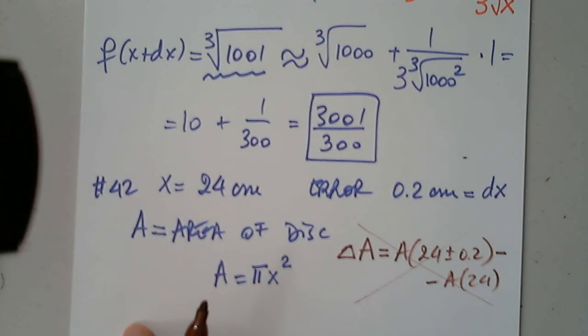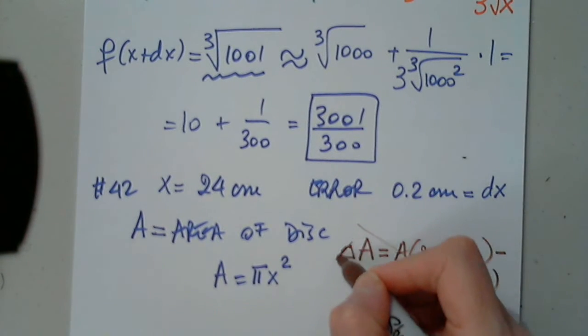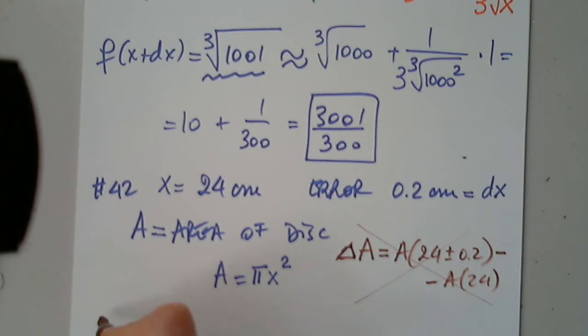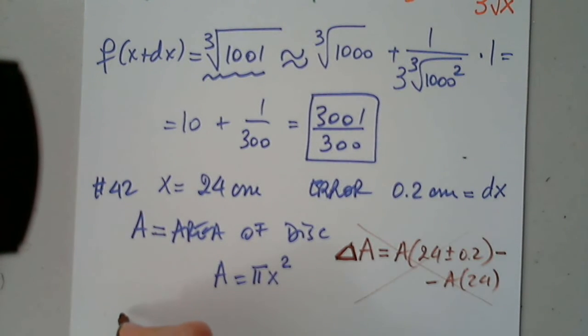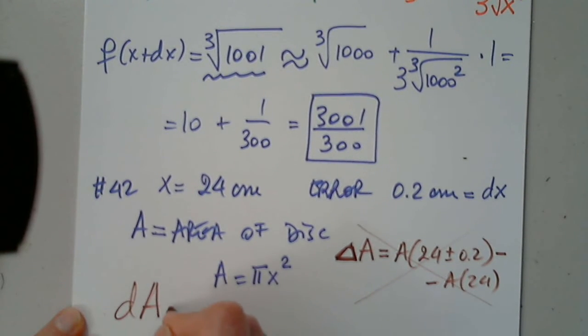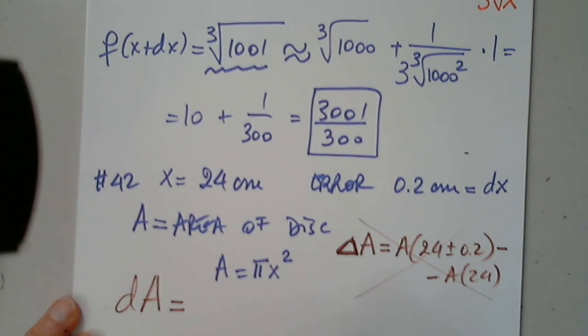What is the notation and how does the approximate error look like? What should I write for the approximate? If it's not delta A, what could it be? What is the other one? dA. dA. Good.